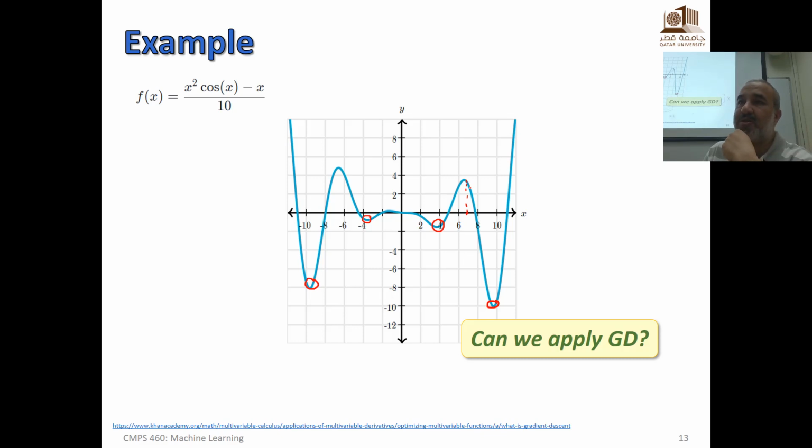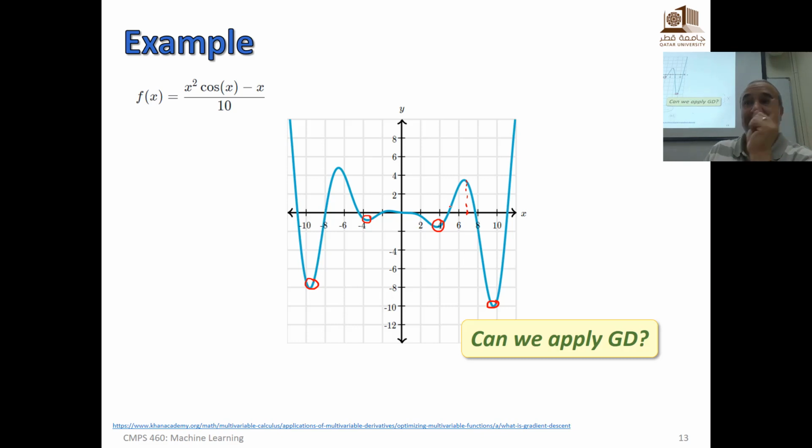The slope is negative or positive at this point? Negative. So should we go to the right or to the left? When the slope is negative, then when we update the parameter, will we increase or decrease it using gradient descent? With gradient descent, what is the update rule? Do we go in the direction of the gradient or the negative direction of the gradient?